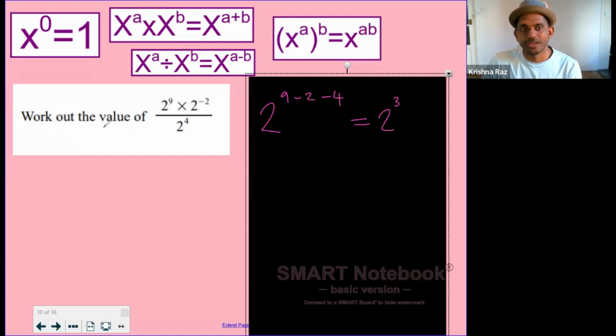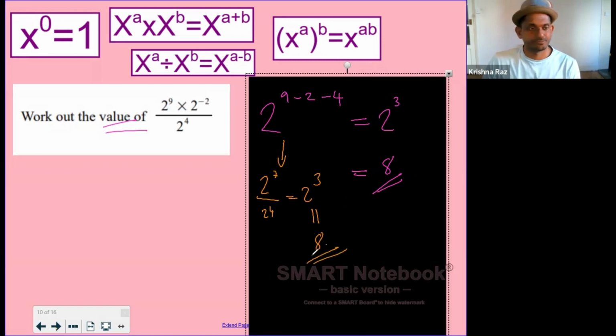The question is work out the value of, so we'll put the value of 2 cubed, which is 8. Alternatively, you might have ended up going 2 to the power of 7 divided by 2 to the power 4 is 2 to the power 3. Either way, you should have got the final answer of 8.